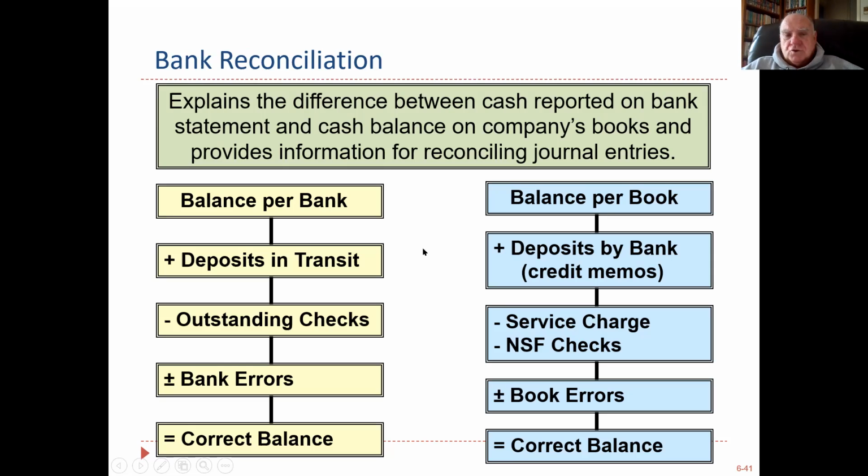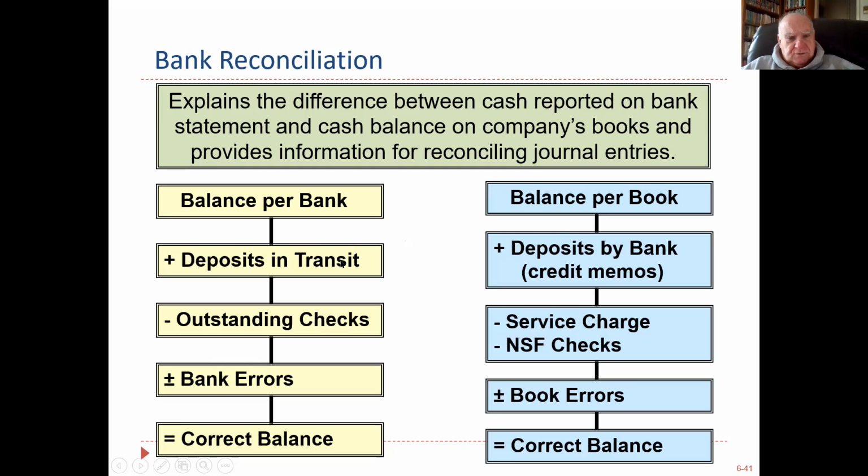There are transactions which we have recorded that the bank doesn't know yet because the check is literally in the mail. We have what's called deposits in transit. A deposit in transit is a customer check we received, entered into our general ledger, but that check has not yet cleared the bank.